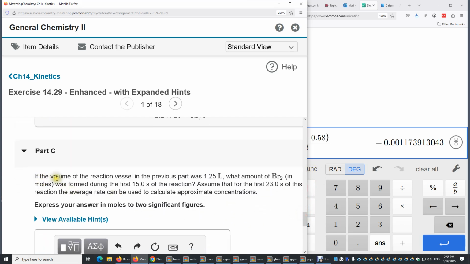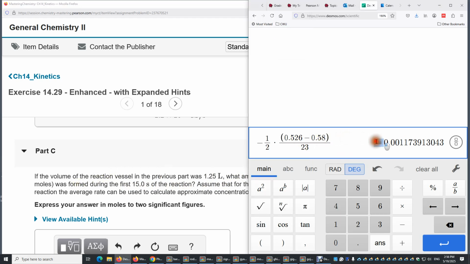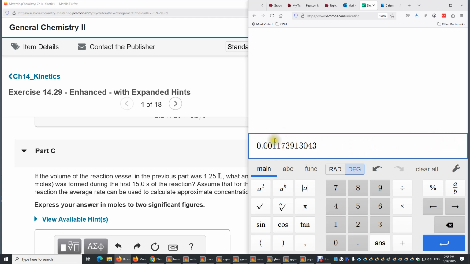Part C. If the volume is given as 1.25 liters, and now we have this information. In the first 15 seconds of the reaction, what amount of Br2 is formed? So first, this is the reaction rate for the production of Br2. We'll just copy that here. This is the production rate of Br2, also the chemical reaction rate.